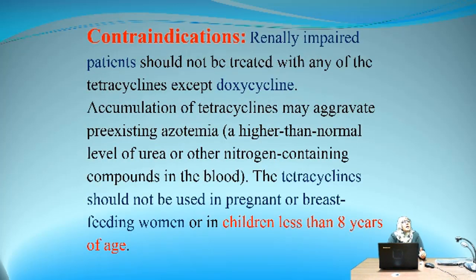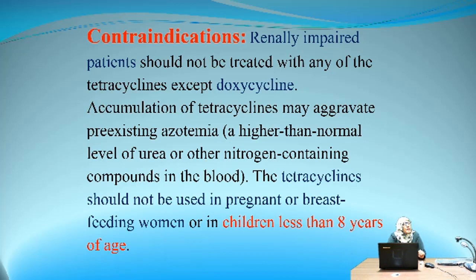Contraindications. Renally impaired patients should not be treated with any of the tetracyclines except doxycycline. Accumulation of tetracyclines may aggravate pre-existing azotemia. That means a higher than normal level of urea or other nitrogen-containing compounds in the blood.